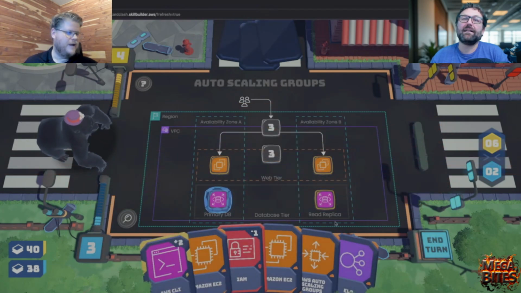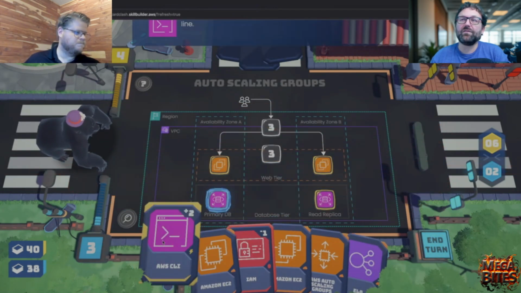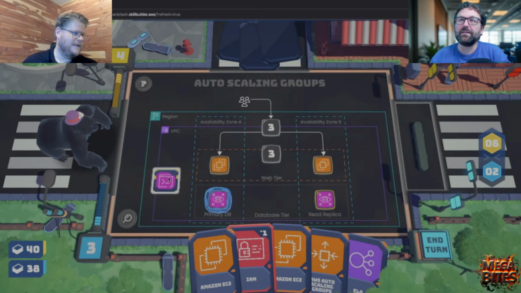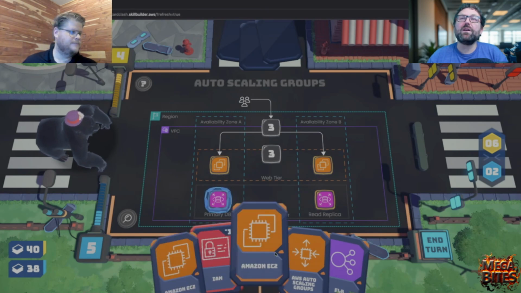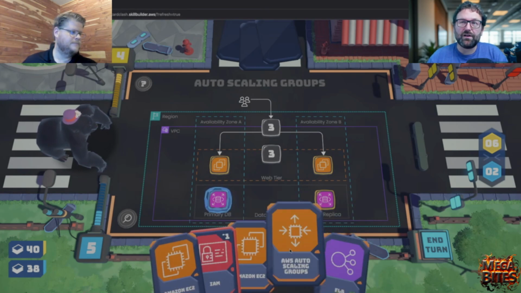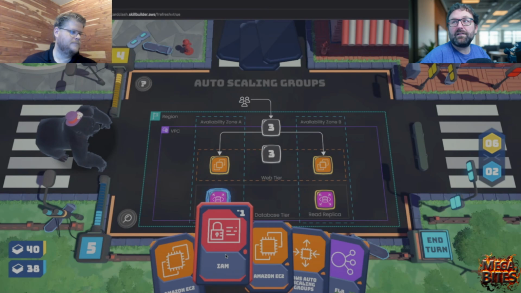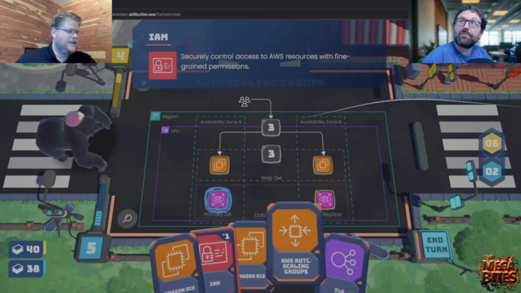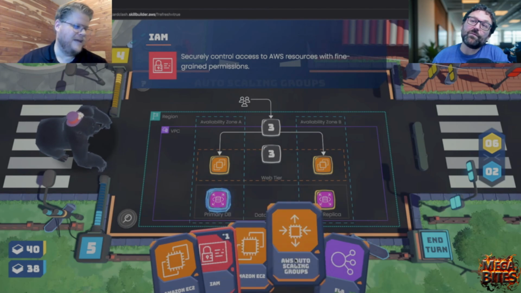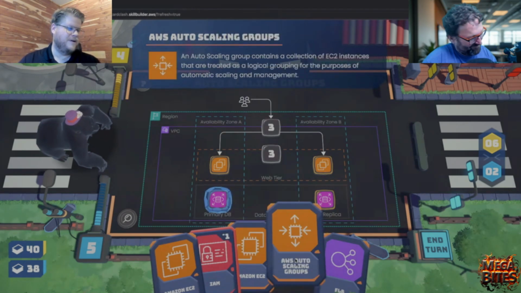So now you can see we've gone up to 5 energy. Yeah, so now we need to do something about this. Well, we could claim the load balancer or auto scaling and secure it. Yeah, but then we expose ourselves to a risk of losing because we only get to 5 points if we do that. True. So you're saying you'd like to steal an instance and secure it?